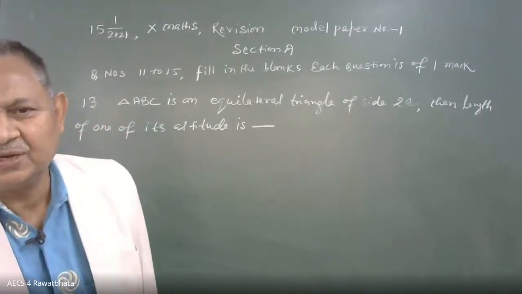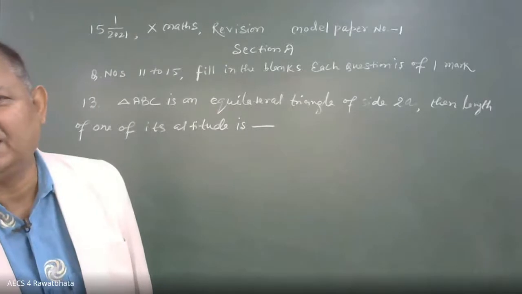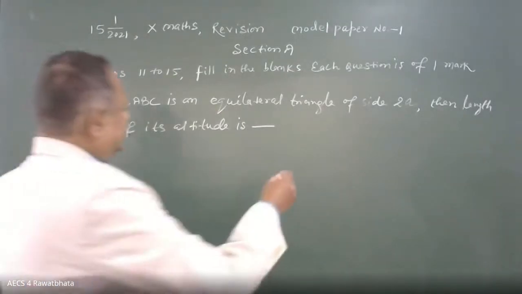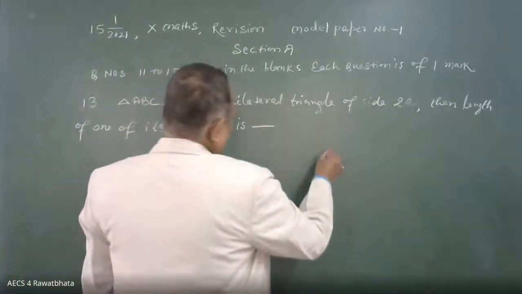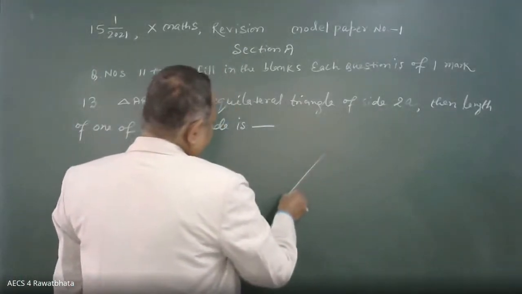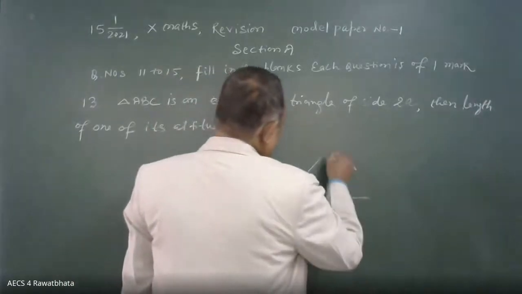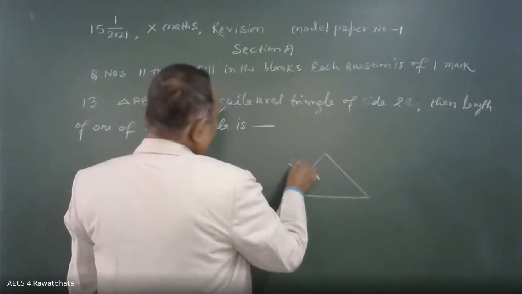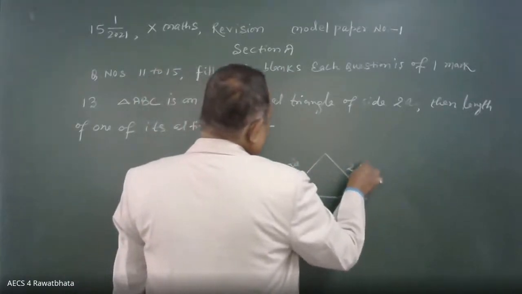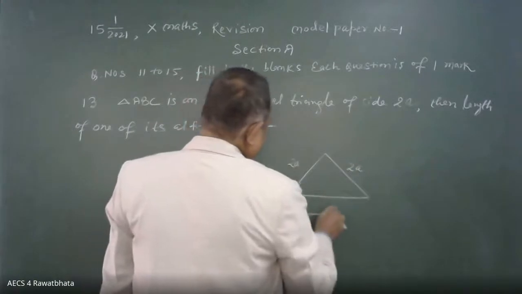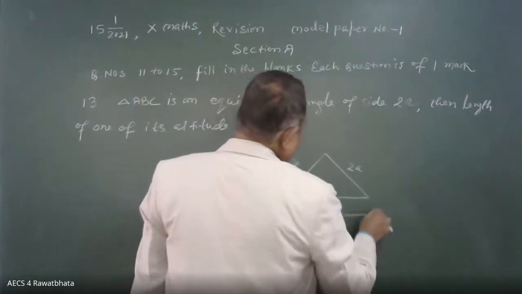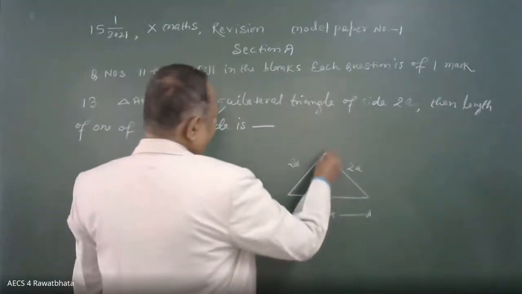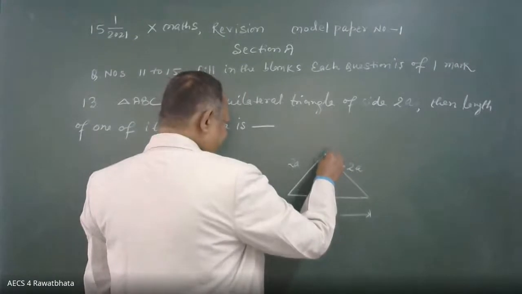So this is an equilateral triangle. All three sides are equal. This is 2a, 2a, and this is 2a. The perpendicular drawn from the vertex to the base, this is the altitude.